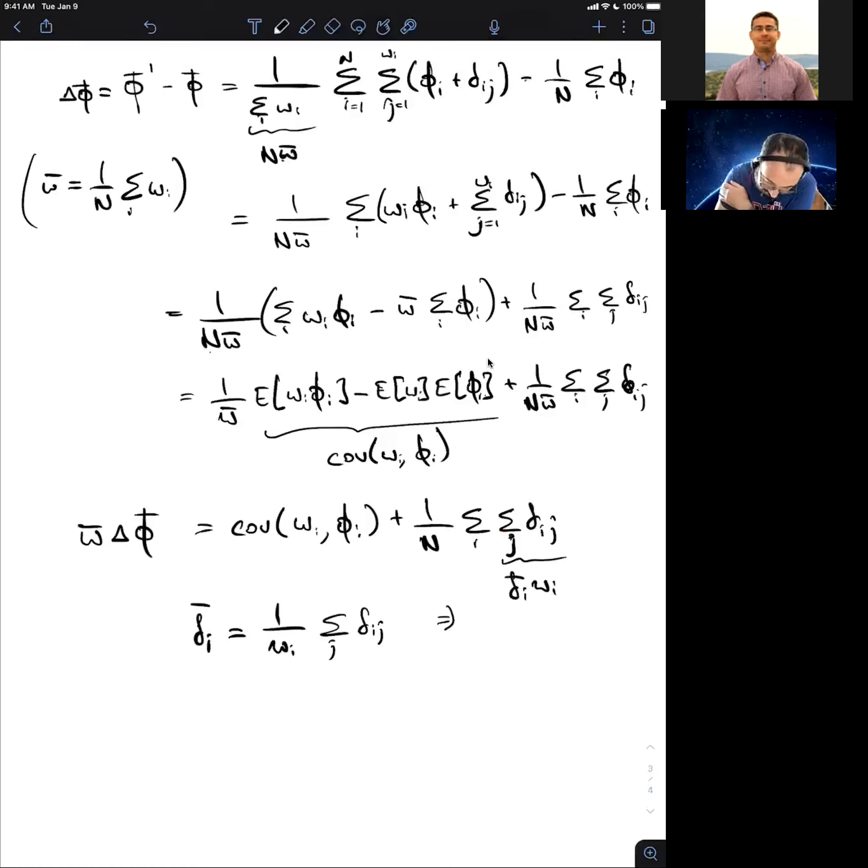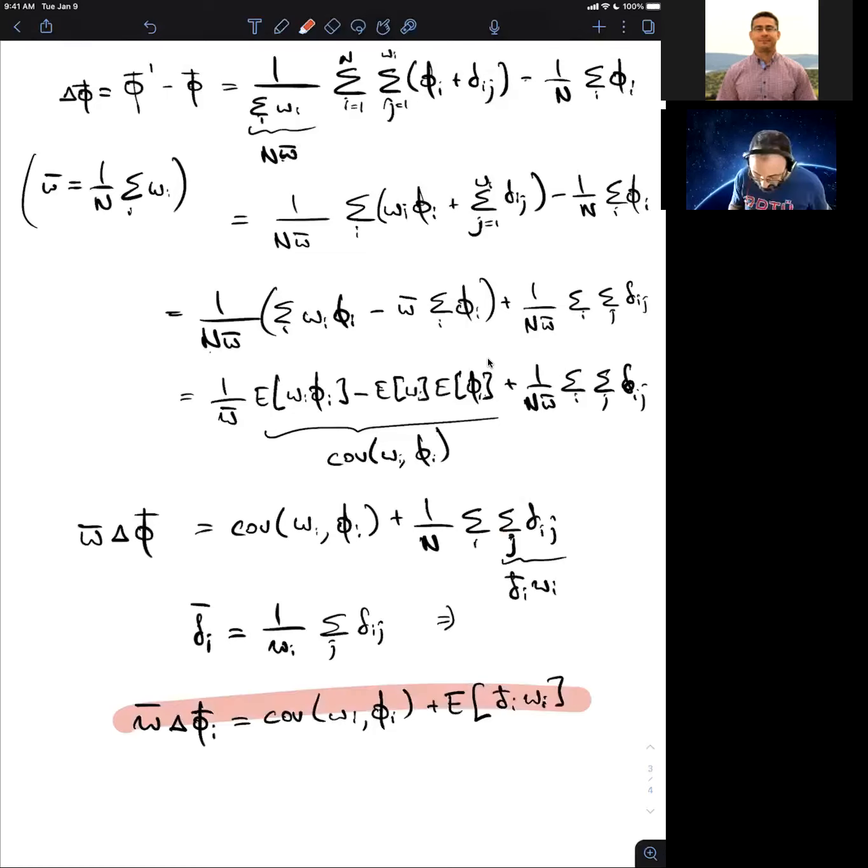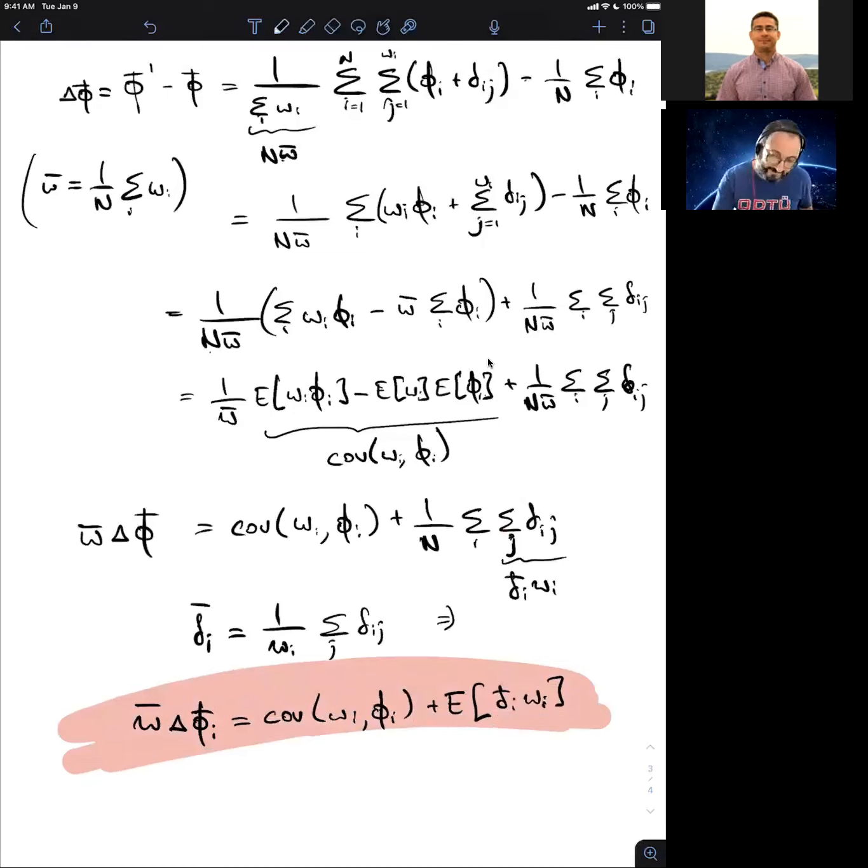So now this last term becomes, and this is basically what the Price equation is, with that substitution, you get the Price equation: the covariance of wi and phi i plus the expectation of delta bar i times wi. That's the Price equation, and I'm going to highlight it in red. So what does this mean?